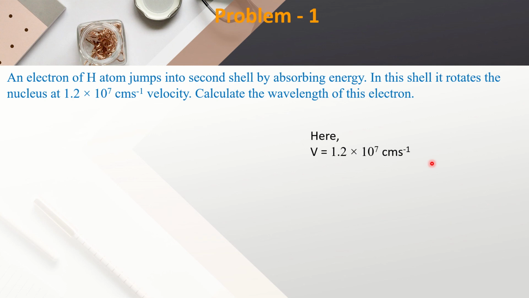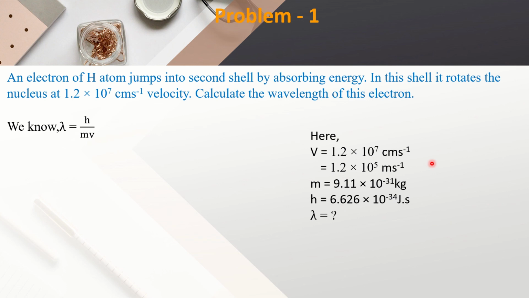I told you that we will always convert the units into SI units. So it will be 1.2 into 10 to the power 5 meter per second. The mass of the electron is 9.11 into 10 to the power minus 31 kg. h is Planck's constant, 6.626 into 10 to the power minus 34 joule second. You have to find out the wavelength of the electron.